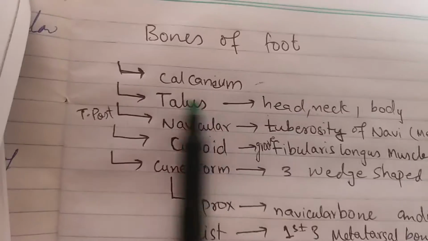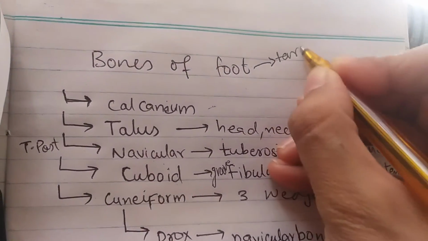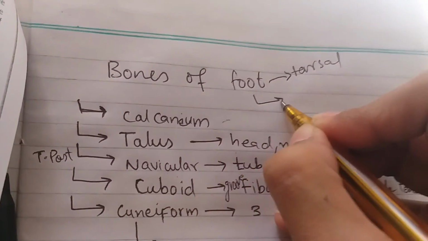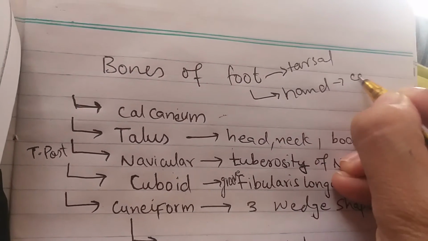Now let me tell you one thing, that the bones of the foot are called tarsals, whereas these are comparable with the bones of the hand, which are called the carpals.